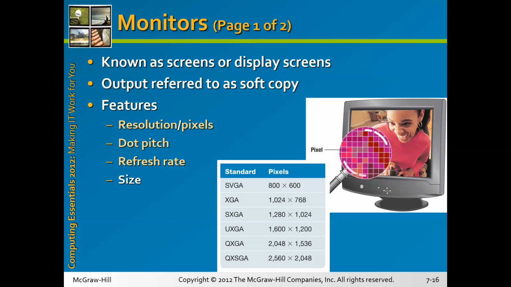Flickering indicates that the refresh rate is lower than 75 Hz. Size, or viewable size, is measured by the diagonal length of a monitor's viewing area. Common sizes are 15, 17, 19, and 21 inches, and these days even much larger than a standard 21-inch.